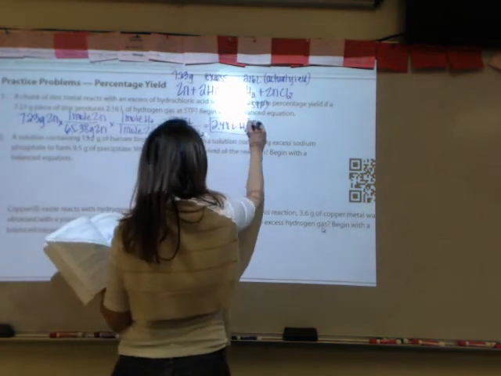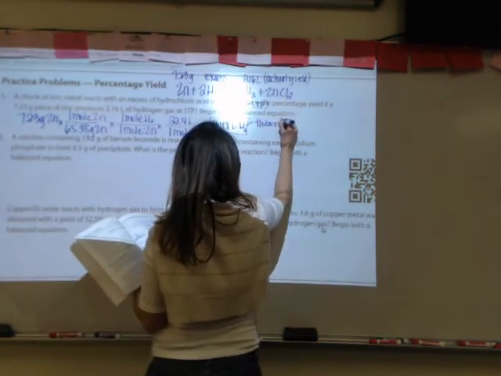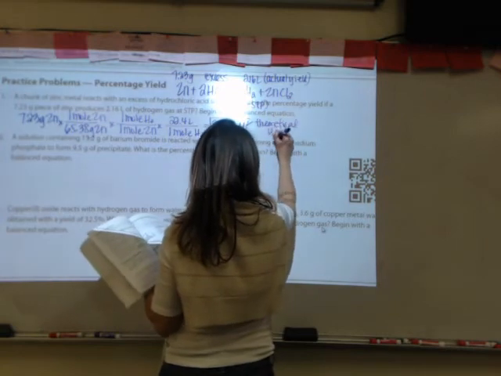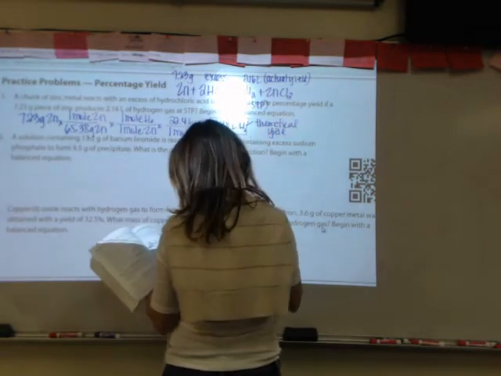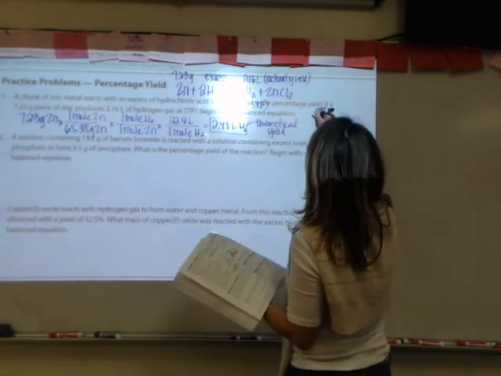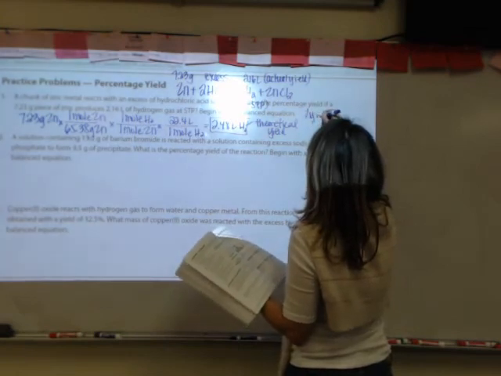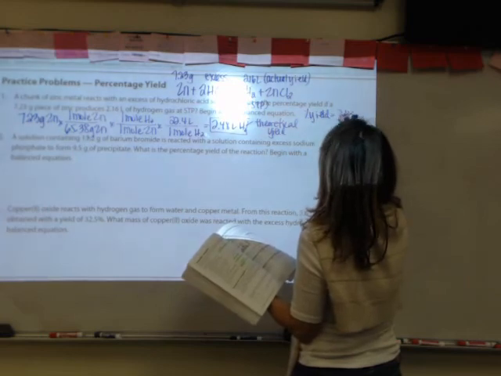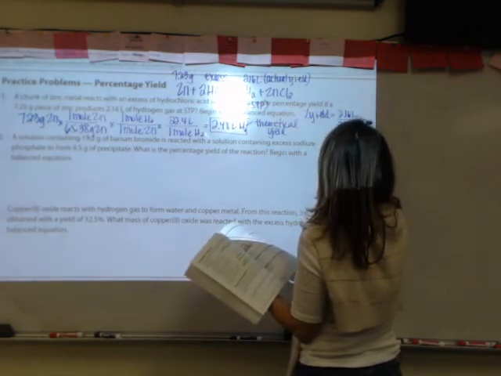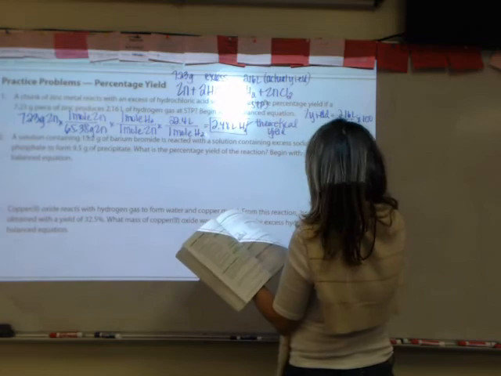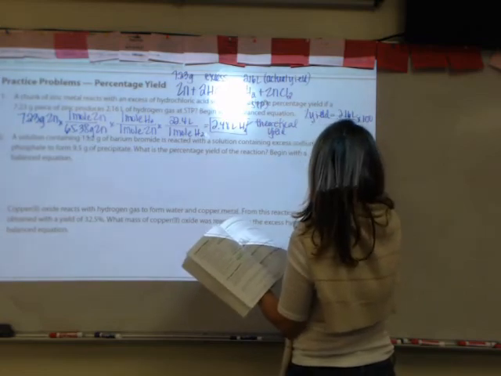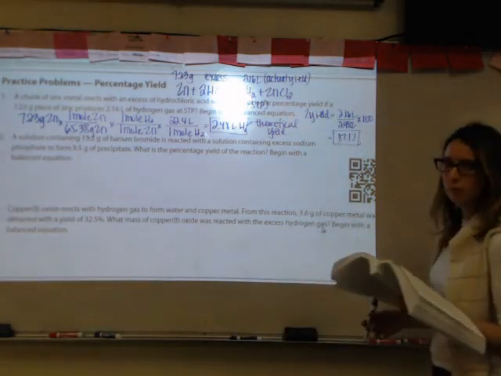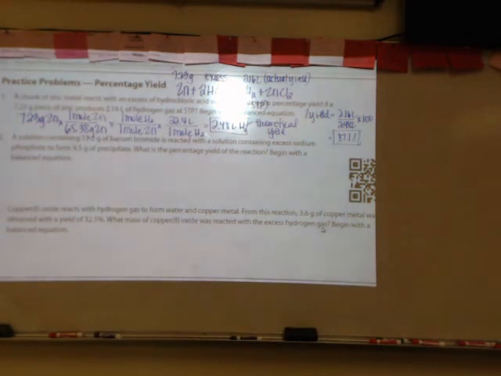So this right here is my theoretical yield. That's how much I should make if I were to do this myself. What's the percent yield? My percent yield is the actual, which is 2.16, over the theoretical, which is 2.48, times 100. Liters will cancel. I will get 87.1%.